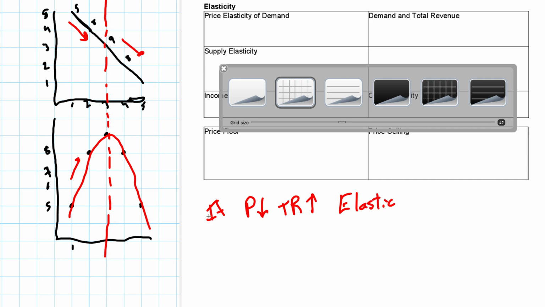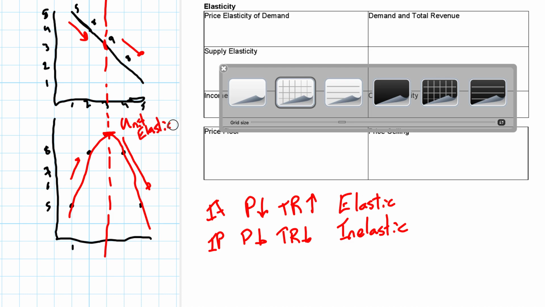If price goes down and total revenue goes down also, because look at this, we're heading down, then we are inelastic. So our curve has elastic and inelastic parts to it. Ask me about that if you want more help with that later. And right here, this little point is unit elastic. This is a point where total revenue doesn't really change.